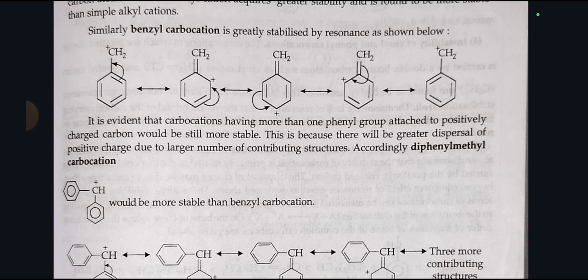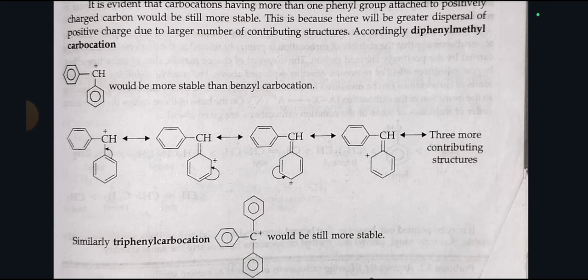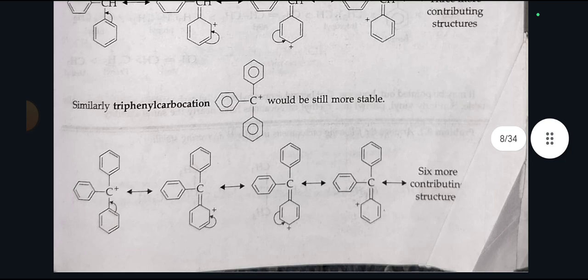Accordingly, the diphenyl methyl carbocation, (C6H5)2CH+, would be more stable than the benzyl carbocation. Three more contributing structures.